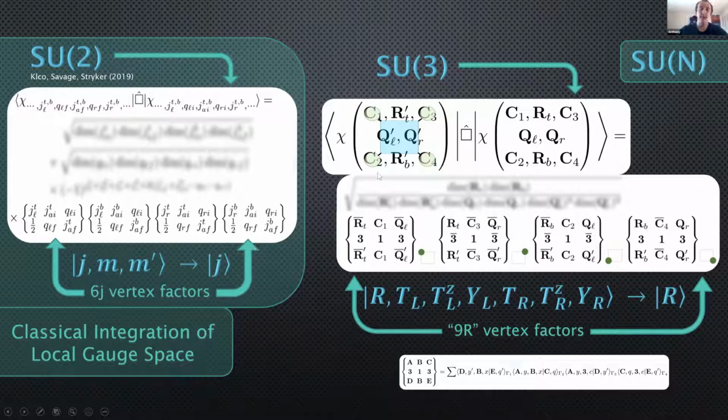We then showed that for SU(3), the same sort of factorization happens, where you just get a product of 4 9j symbols, where the 9j symbols are defined here. This factorization into the product of 4 9j symbols generalizes to SU(N), where you just replace these SU(3) Clebsch-Gordan coefficients with SU(N) Clebsch-Gordan coefficients.